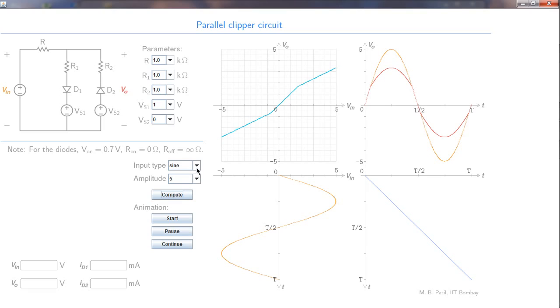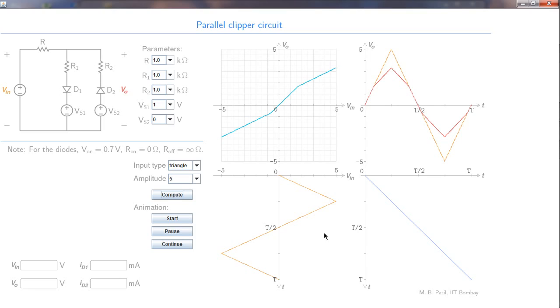Let us choose the triangular input option because that is what we considered in our example, and compute again. So this is our input voltage. That axis is V in and this one is time. So the input voltage is going from -5 to +5 and the period is denoted by T over here.